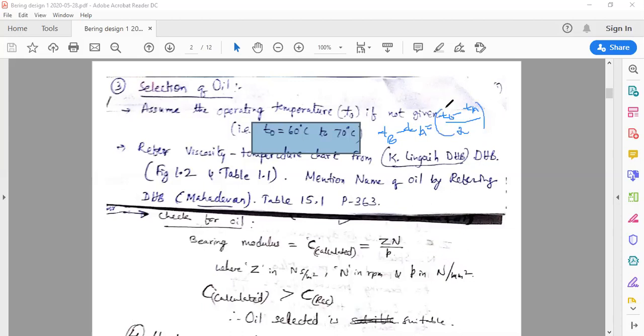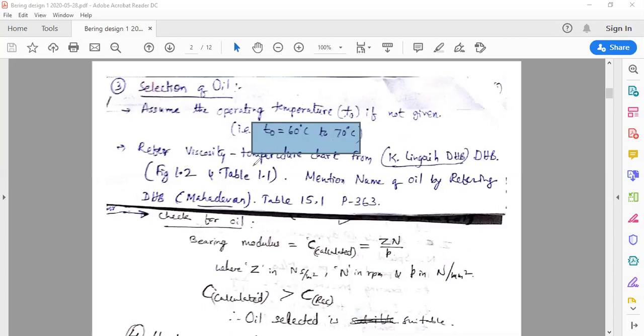By using this equation, we can calculate the operating temperature T naught. This we have also taken into account while solving the problems further. So this is the third step that we have to consider.